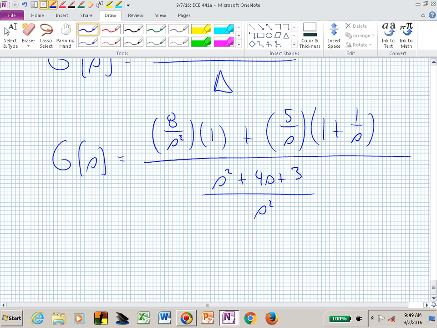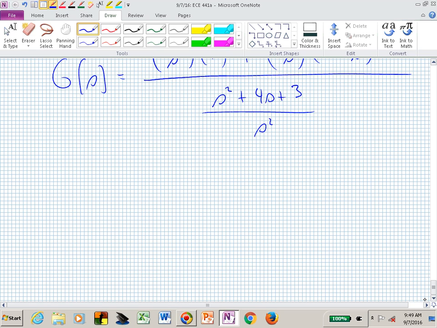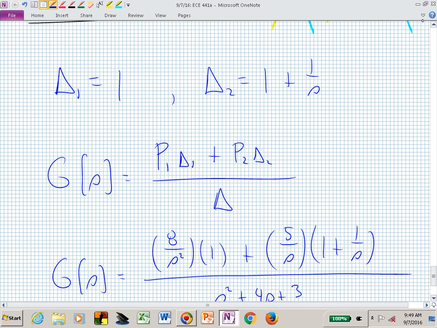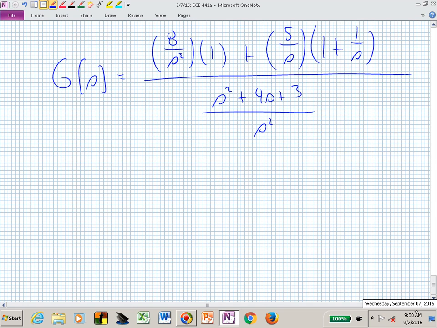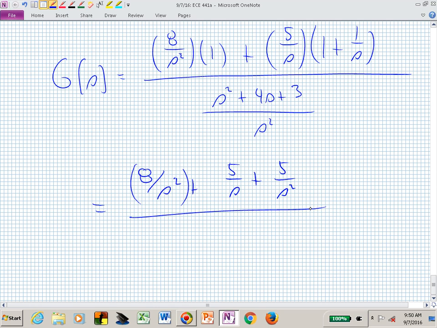And you can clean all of this up with just some algebra. Meaning, this is now 8 over s squared plus 5 over s plus 5 over s squared. And downstairs we have s squared plus 4s plus 3 over s squared.